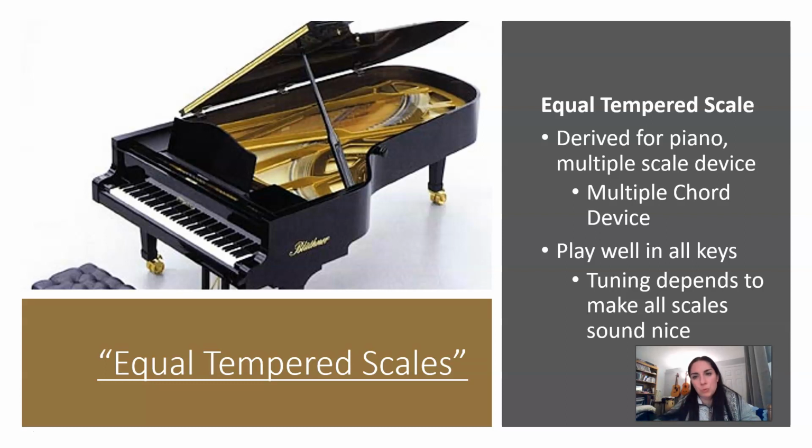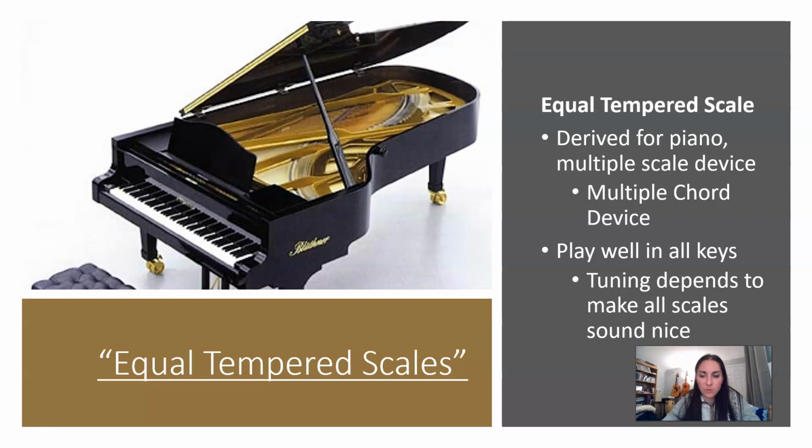Point is, it's out of tune. So things that are naturally out of tune because of the engineering and the sheer ability are pianos and guitars. So an equal tempered scale sounds slightly off than a just scale.